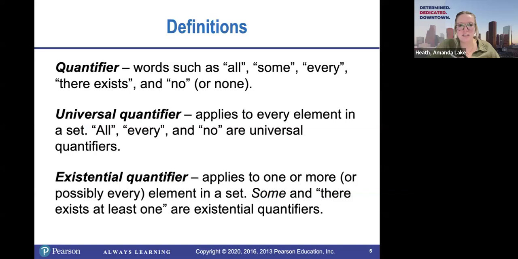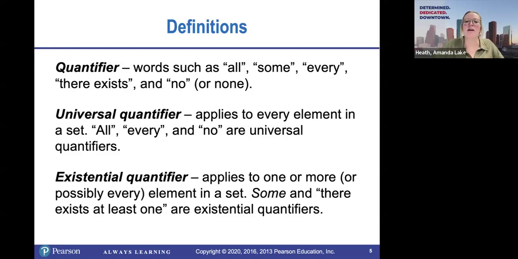So then some more definitions here. We have statements that might include quantifiers. So quantifiers are words like all, some, every, there exists, and no or none. So these are things that add quantity or tell you about how many of something the statement is applying to. Now we have two different types of quantifiers. There are universal quantifiers and existential quantifiers. Universal quantifiers apply universally, right, to every element of a set.